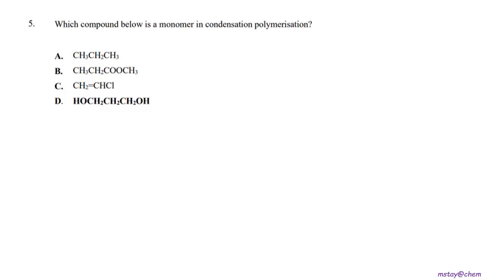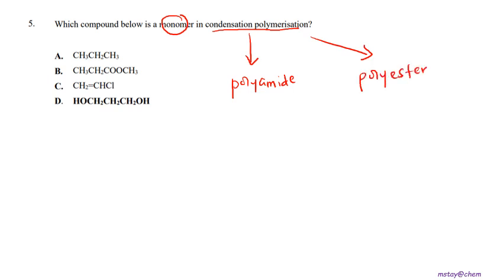Question number 5. Which of the following would be the monomer for condensation polymerization? There are two types of polymer, polyamide and polyester. For polyamide, it will have the carboxyl group with the amino group, while for polyester, we have the carboxyl group with the hydroxyl group.